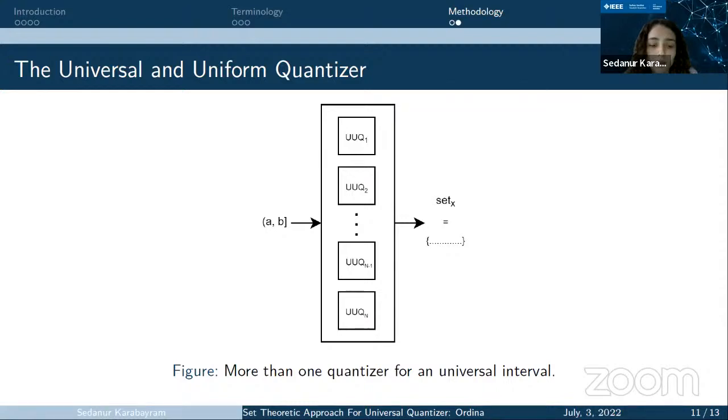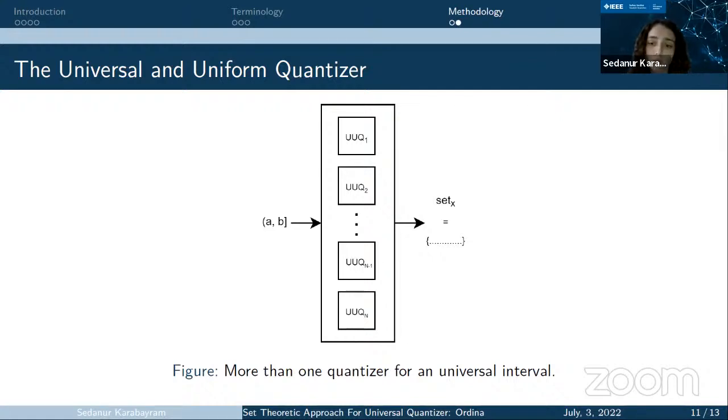If we want to represent the interval with more than one natural number, we can design a quantizer that includes more than one universal quantizer. Our input is the same, a continuous, finite, real interval. Our output includes more than one natural number. The universal and uniform quantizer is the same, and the output includes natural numbers.